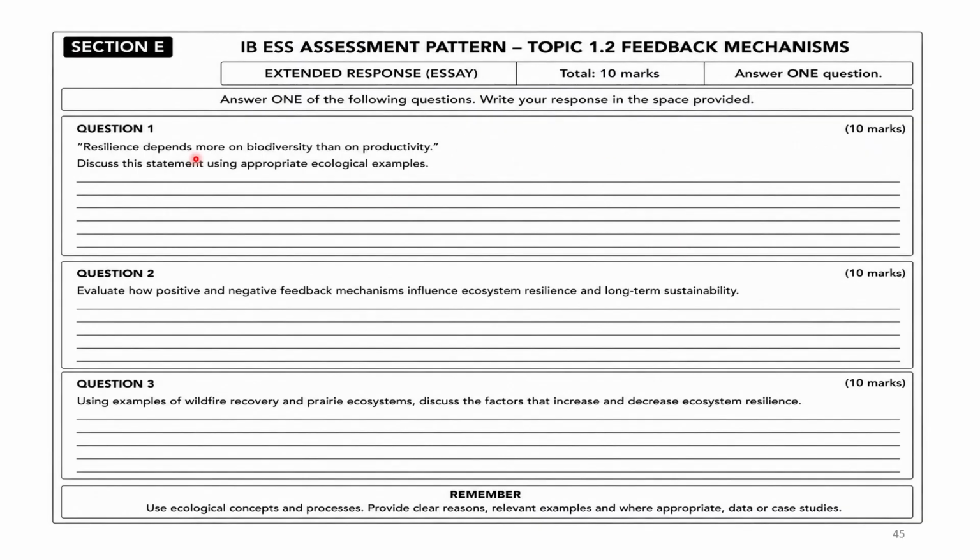This slide presents Section E, the extended response or essay section. You must answer one of the 3 essay questions. The topics focus on the relationship between biodiversity and resilience, the influence of positive and negative feedback mechanisms on ecosystem resilience and sustainability, and the factors affecting resilience using wildfire recovery and prairie ecosystems as examples.